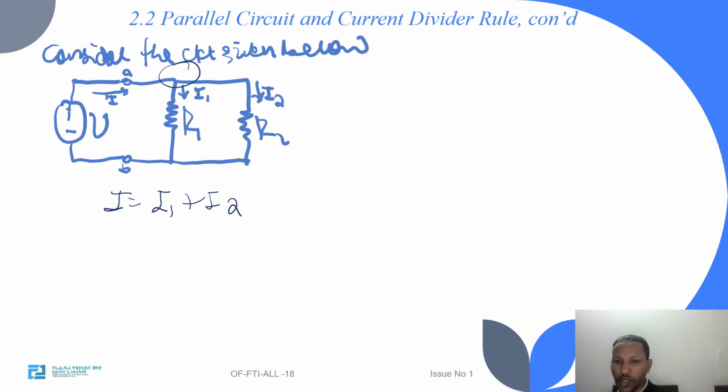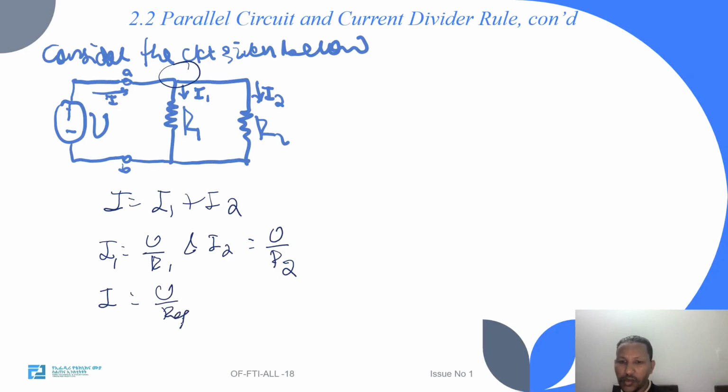So I1 equals V over R1 and I2 equals V over R2. And I equals V over R equivalent. So what is R equivalent for the parallel resistors? R equivalent equals R1 times R2 over R1 plus R2.